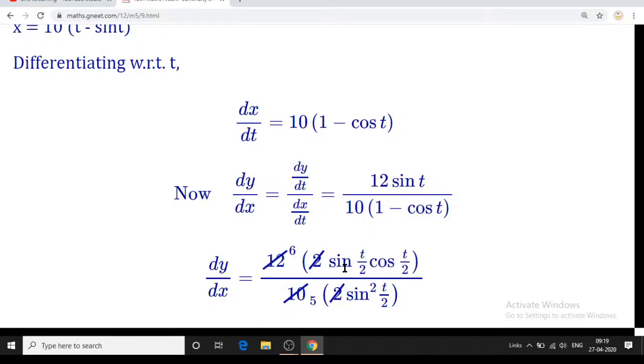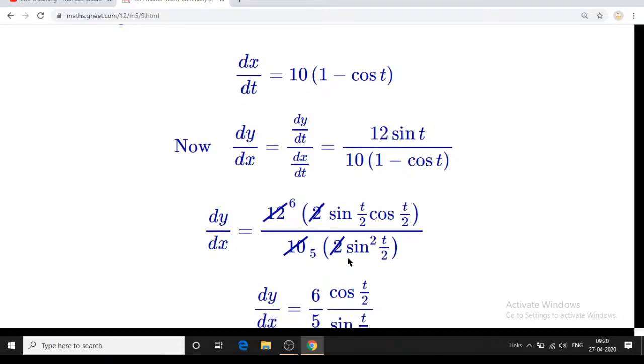Now we will replace sin t with 2 sin t by 2 cos t by 2, and 1 minus cos t is 2 sin square t by 2. This 2 gets cancelled. Here we go for the simplification: 2 sixes are 12, 2 fives are 10, and one sin t will get cancelled.